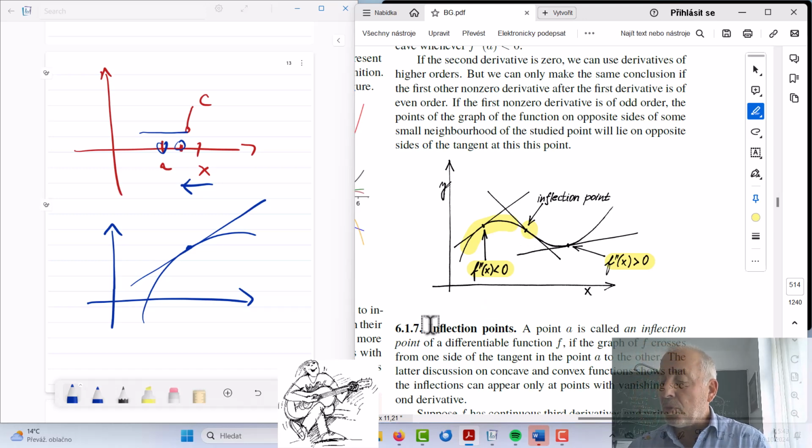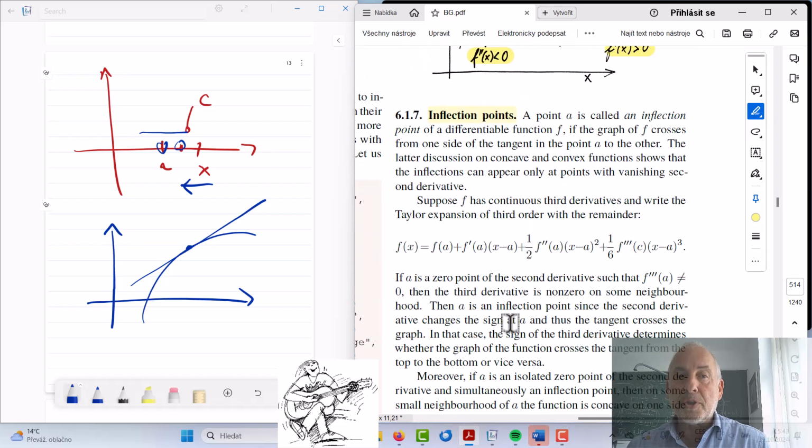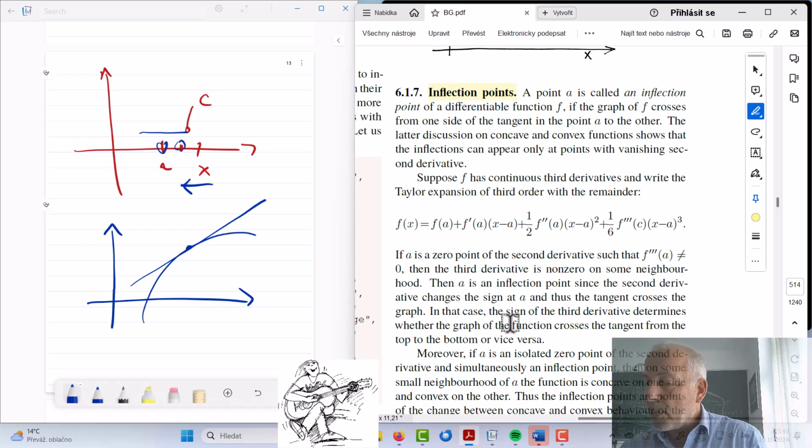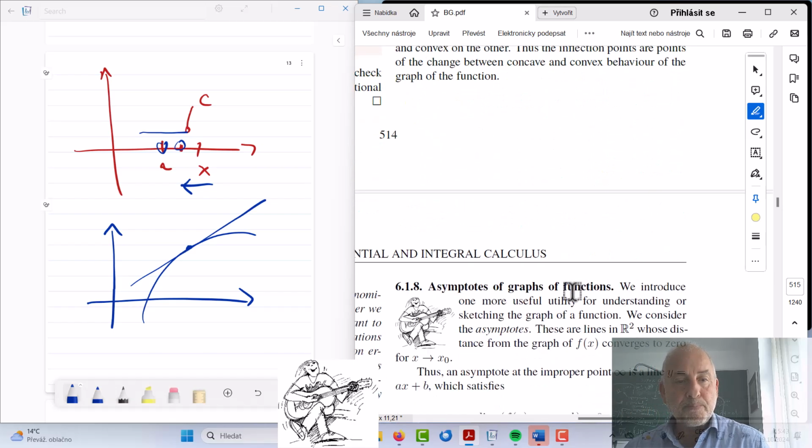And the inflection points are simply those, or potentially those, where the second derivative is 0. And you see, if we take the expansion of the third order, then it just gives you some explanation. So I think I don't have to go further with that.